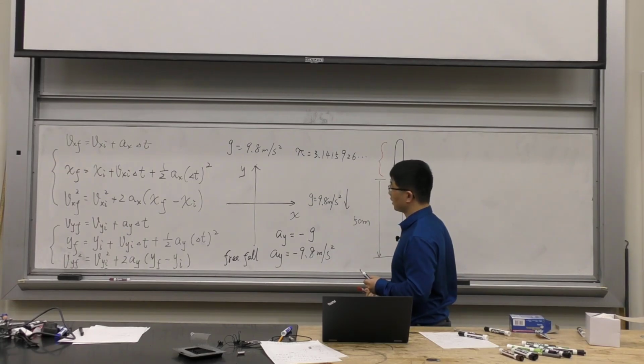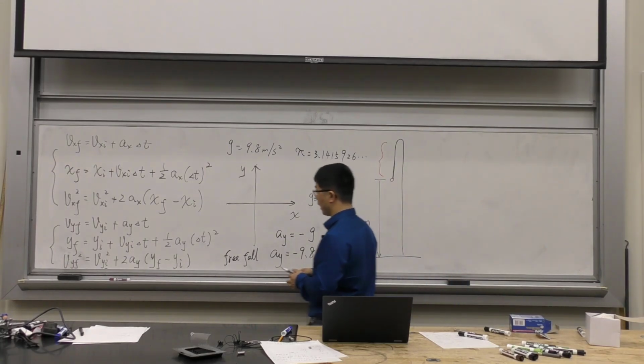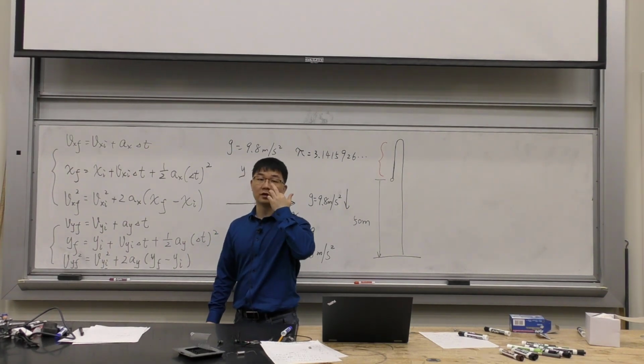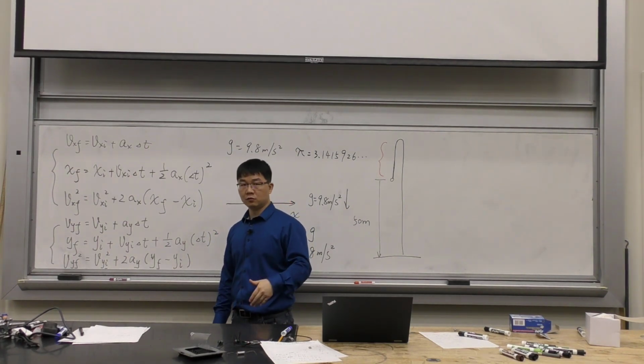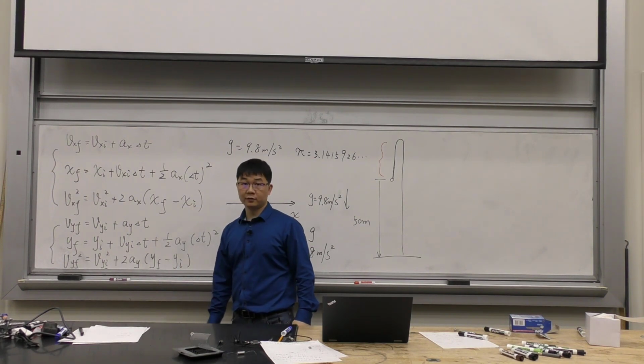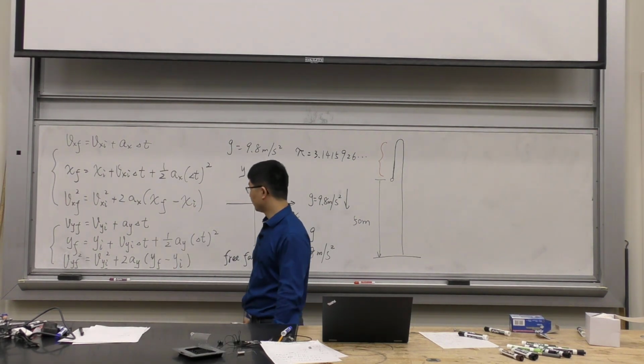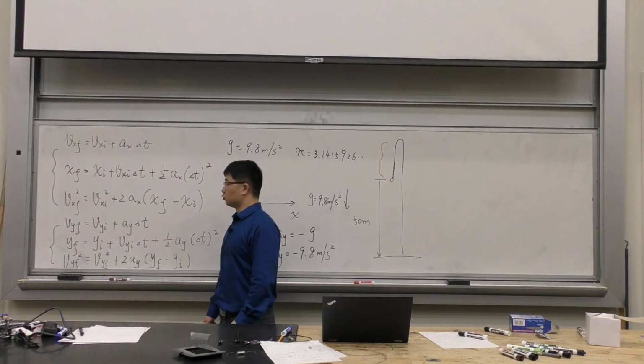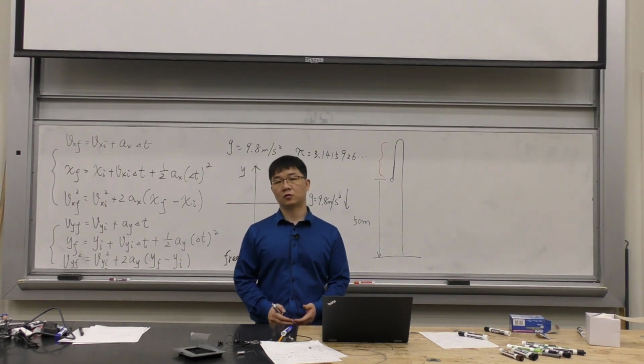If I want to find a time, I'm going to pick one of these equations, because that's the theory I learned for constant acceleration motion. I will always use this theory for constant acceleration motion. Do you pick the first one or the second one? Both of them have a time. Try one, and if that one doesn't work, try the other.